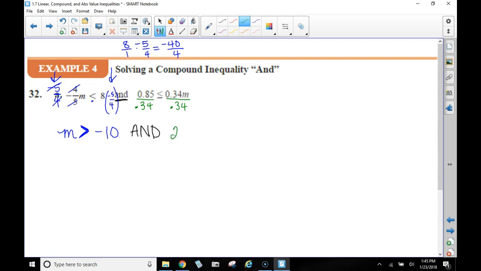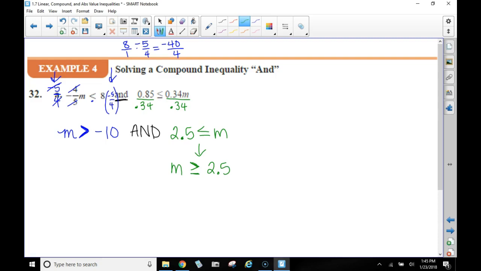So I have 2.5 is less than or equal to m. I really like it where I have m on this side. Now, if you swap sides of an inequality, you also have to swap the inequality symbol around. So 2.5 is less than or equal to m is equivalent to m is greater than or equal to 2.5.